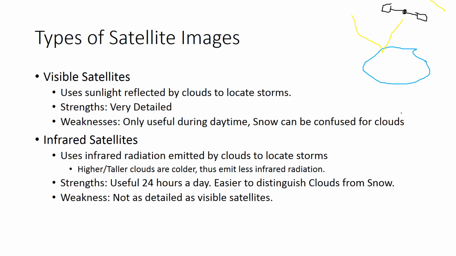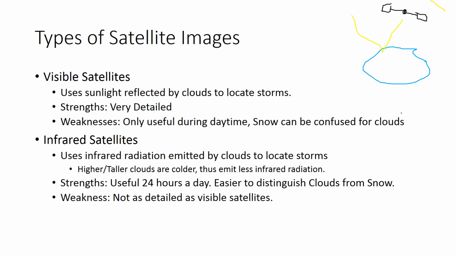And the other major downfall with these is that they rely on the amount of solar radiation reflected off an object to identify where clouds are. And there are some objects on the surface of the Earth, mainly ice and snow, that are just as reflective as clouds. And so oftentimes a visible satellite image can confuse snow or ice for a cloud.